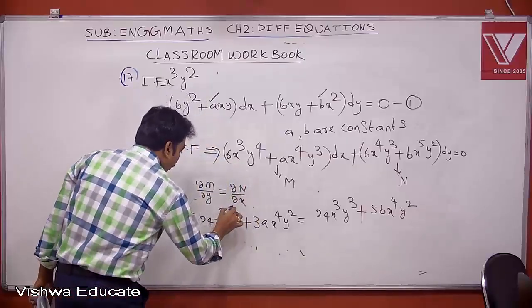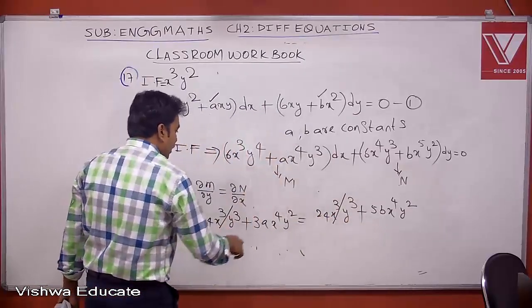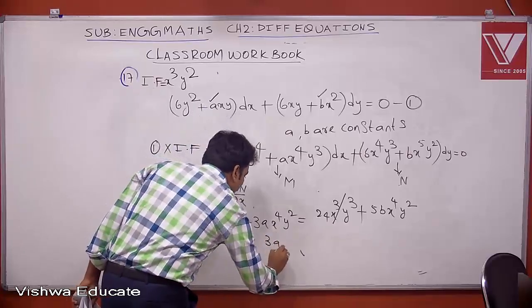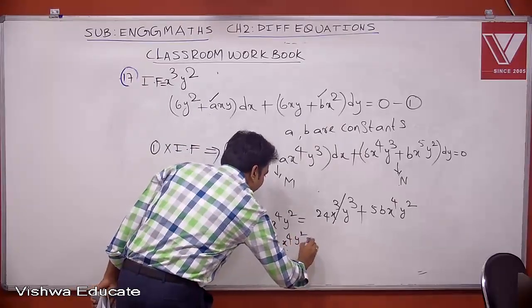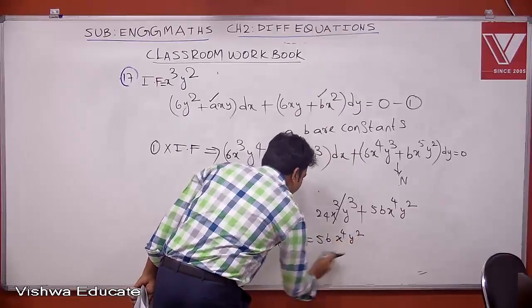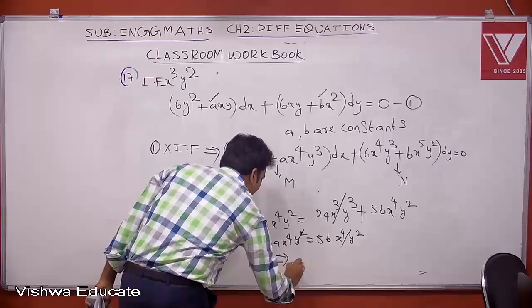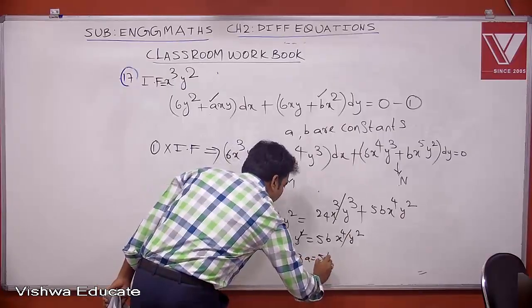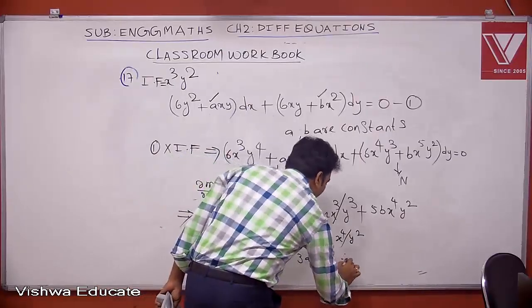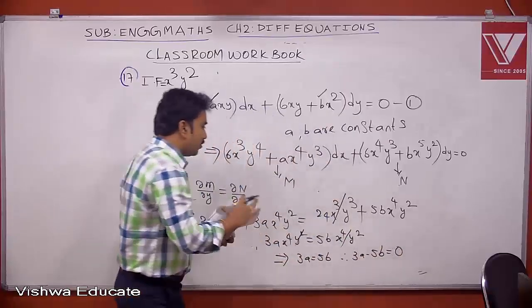Now 24x cube y cube will cancel on both sides. Therefore 3a into x power 4 y square equals 5b into x power 4 y square. Now x power 4 y square cancels on both sides. This implies 3a equal to 5b. Therefore 3a minus 5b equal to 0.